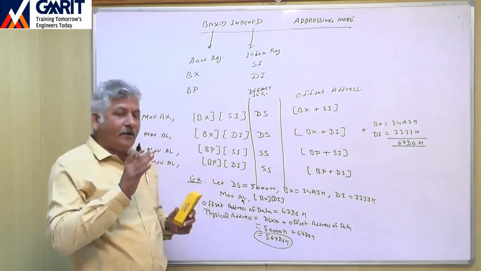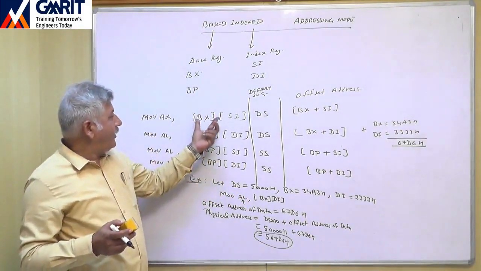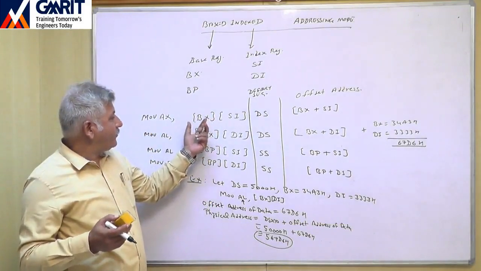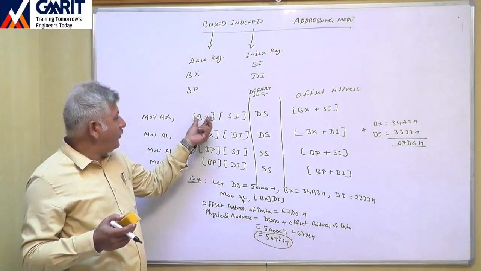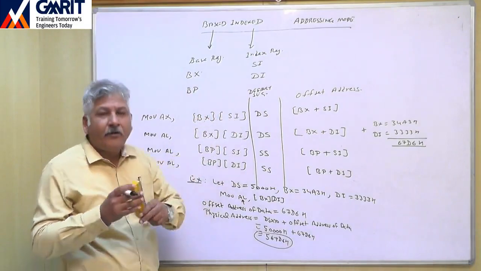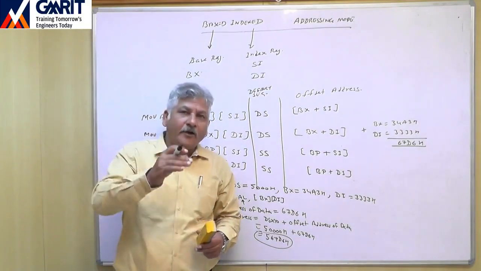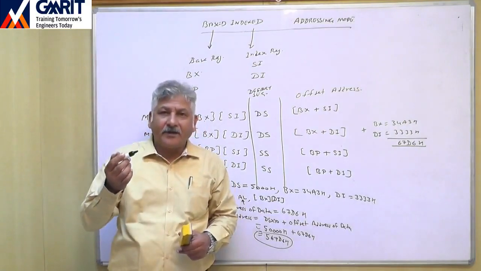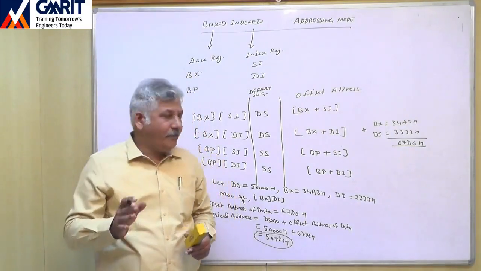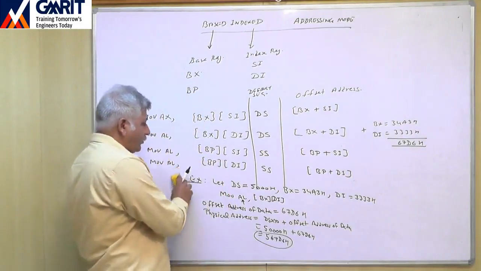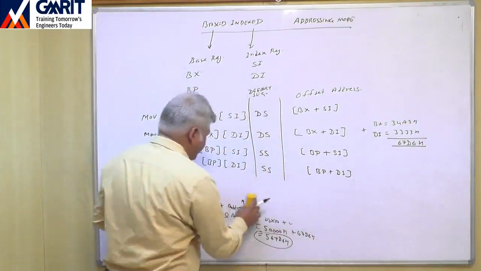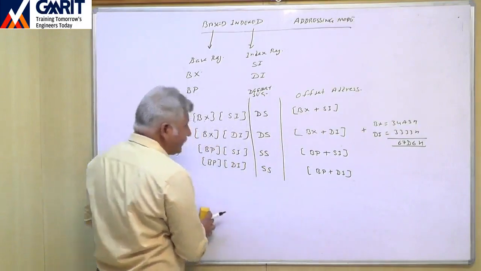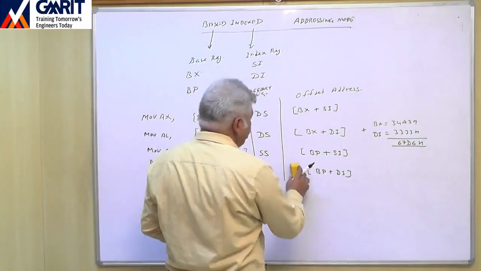The data at the offset address formed by adding the value of BX and SI will be moved into the lower 8-bit register, and the data at the next offset address will be moved into the higher 8-bit register. So this is the example of based indexed addressing mode.